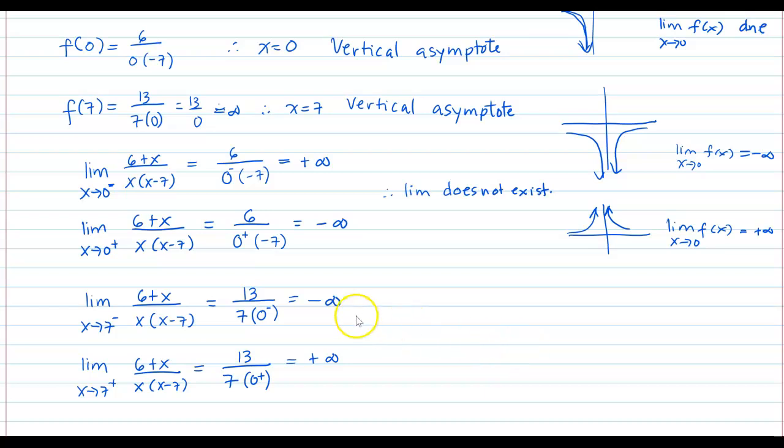Now again, because we got two different signs here, negative infinity and positive infinity, those two are not equal. So we say that the limit of the function as x approaches 7 does not exist. So the function is discontinuous at those points, and the limit does not exist.